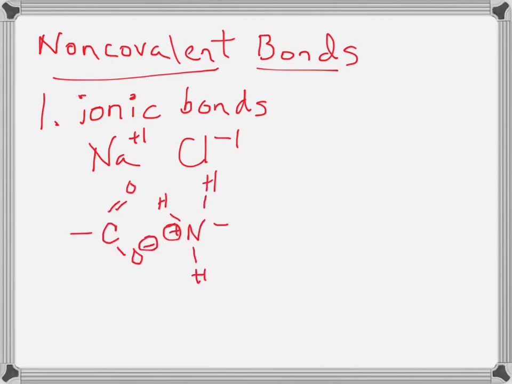In biochem, one of the first places we really see ionic bonds, or bonds that will make these electrostatic interactions, are between an amine group, shown here, positively charged nitrogen on that amine group there, and a negatively charged oxygen on a carboxylic acid.